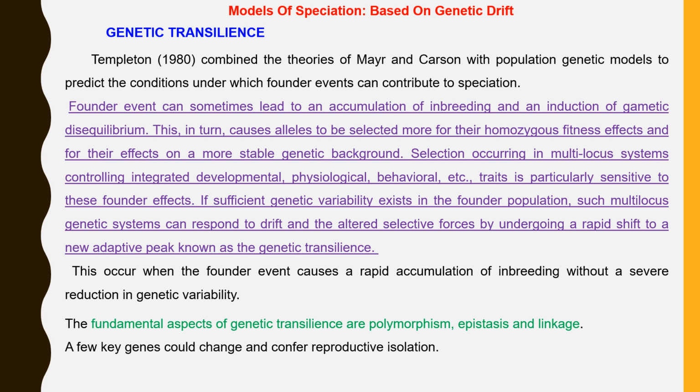A few of the key genes, generally with epistatic modifiers which are responsible for reproductive isolation, change and confer reproductive isolation. This leads to a rapid shift to a new adaptive peak, and this is called genetic transilience.